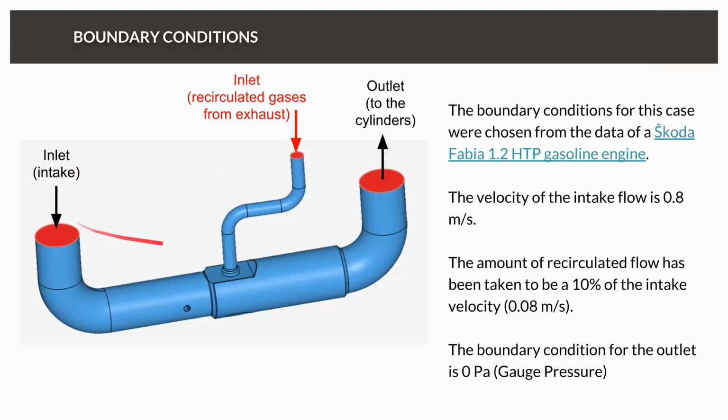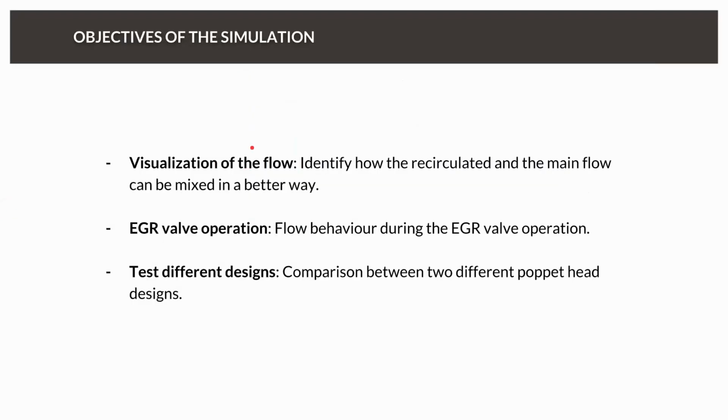The biggest simplification is that instead of applying the pressure profile of the intake port here, we will just apply a fixed velocity of 0.8 meters per second. And this will now allow us to optimize our valve based on three aspects.